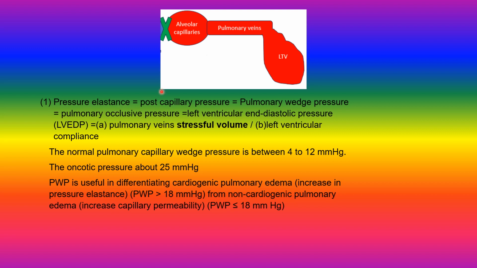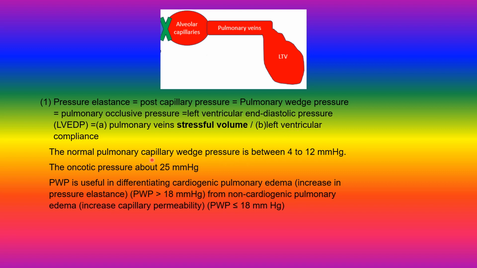This pressure elastance, what we call post-capillary pressure, pulmonary wedge pressure, pulmonary occlusive pressure, or left ventricular end-diastolic pressure, equals the pulmonary vein stressed volume over the left ventricular compliance.